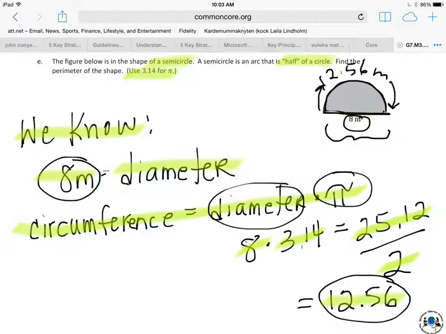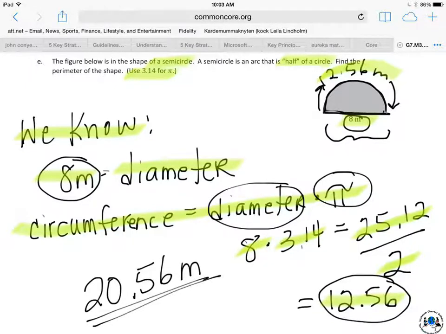So we have our 8 meters here, 12.56 meters there. All we need to do now is add those two together, and we get 20.56 meters as the perimeter of that semicircle. Some fun, huh?